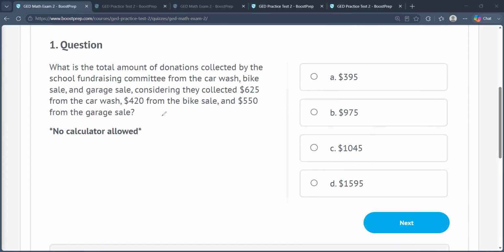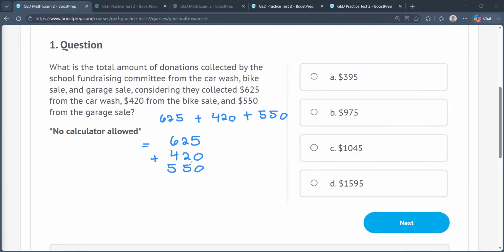So you have 625 plus 420 plus 550. If you add them all up, it's 625 plus 420 plus 550.